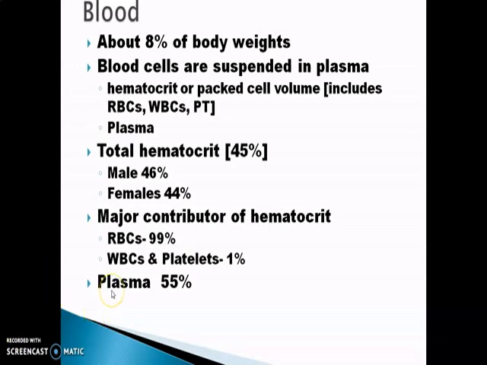In an adult human, total plasma in liquid form is around 3 to 3.5 liters, and it mainly consists of albumin protein, globulin protein, and fibrinogen protein, apart from the nutrients, dissolved electrolytes, and waste material.